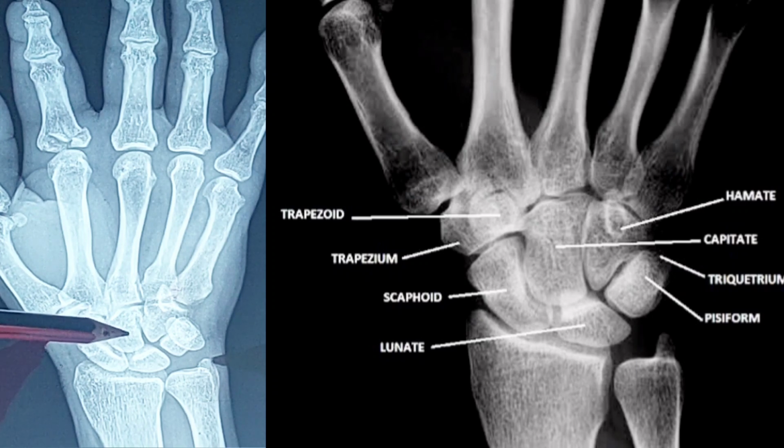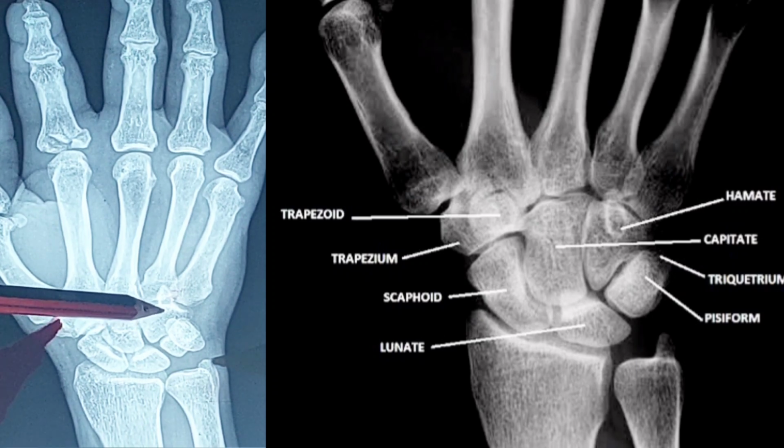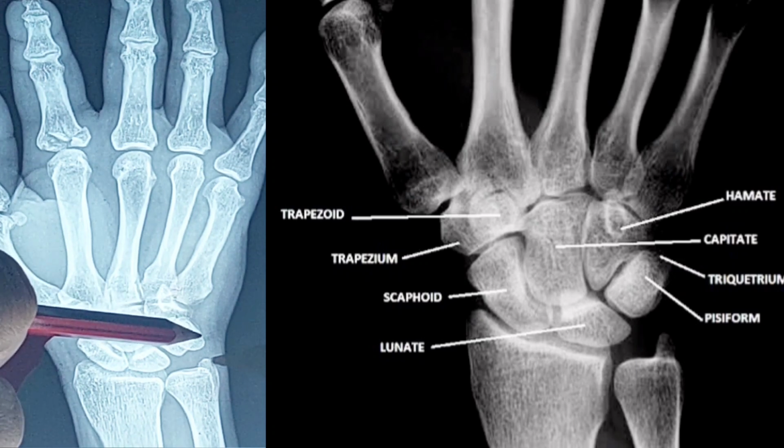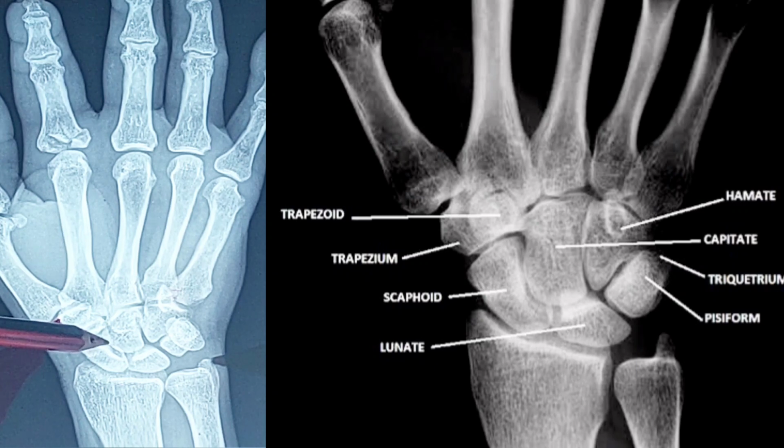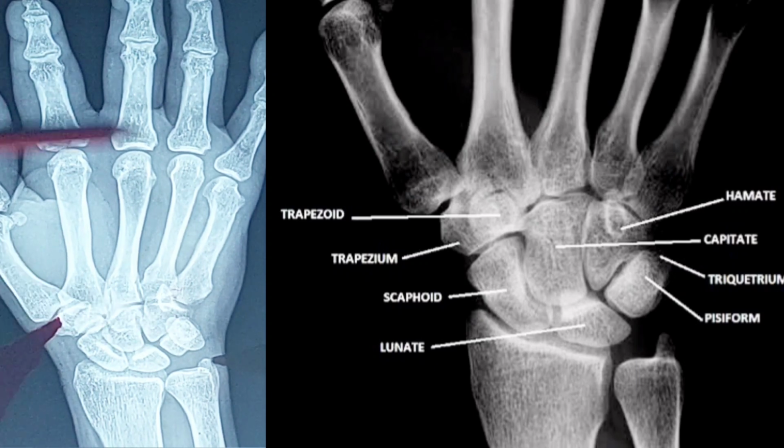Capitate 2 to 3 months after birth, then hamate 2 to 3 months, then triquetral, this one, this is third year, this is lunate, it is fourth year, this is scaphoid, it is fifth year, then trapezium, it is sixth year, then trapezoid, this one, it is seventh year, and last of all, again pisiform, this is 10 to 12 years, and all are after birth. That means from secondary center of ossification.